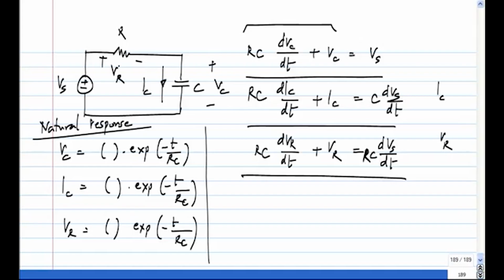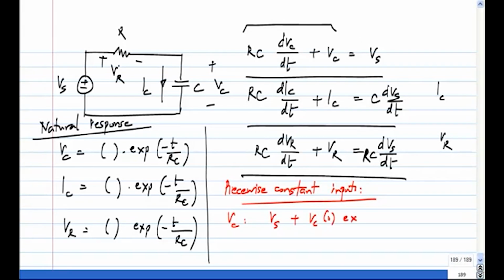And also now for piecewise constant inputs, everything will also have the same form. Okay, Vc we already know. We will elaborate on this a little.